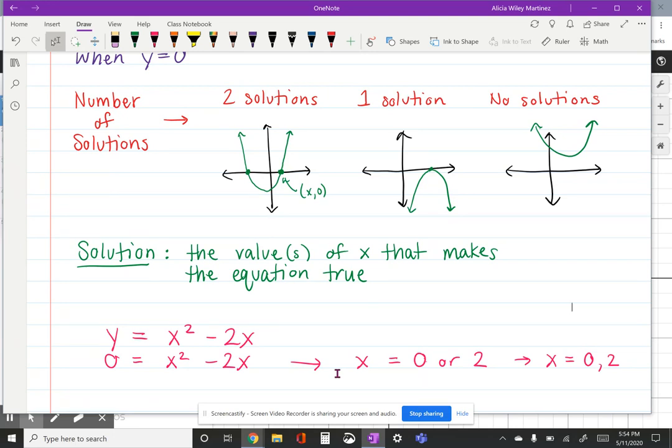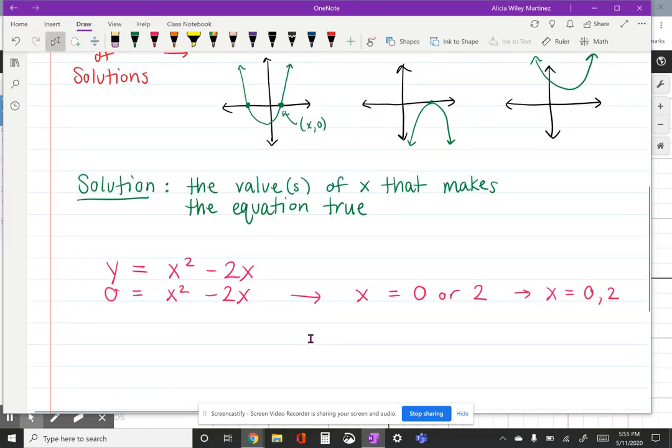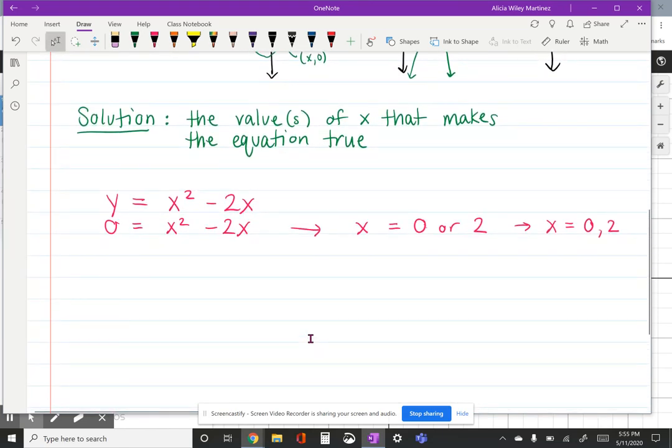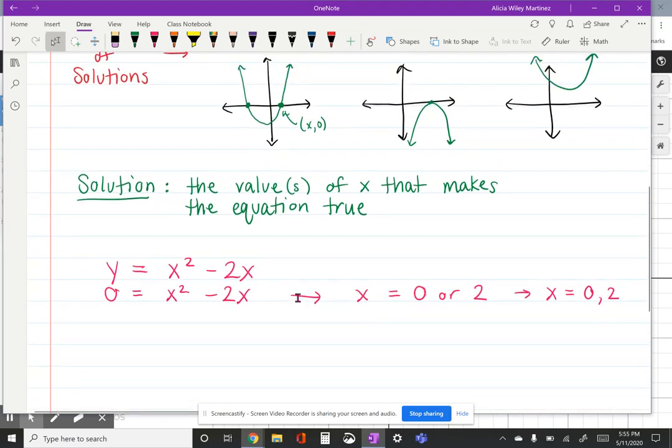Sometimes the way the problem looks will also determine how you choose to solve it. Like, for example, if I don't have a graphing calculator and somebody wants me to solve one of these, I might not graph it by hand. I might try to solve it another method.